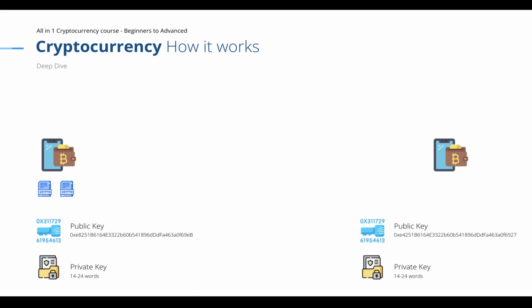The public key is used to make the transaction, and the pattern of digits depends on which blockchain it is. Bitcoin, Ethereum, every blockchain has its own different pattern of letters and numbers.